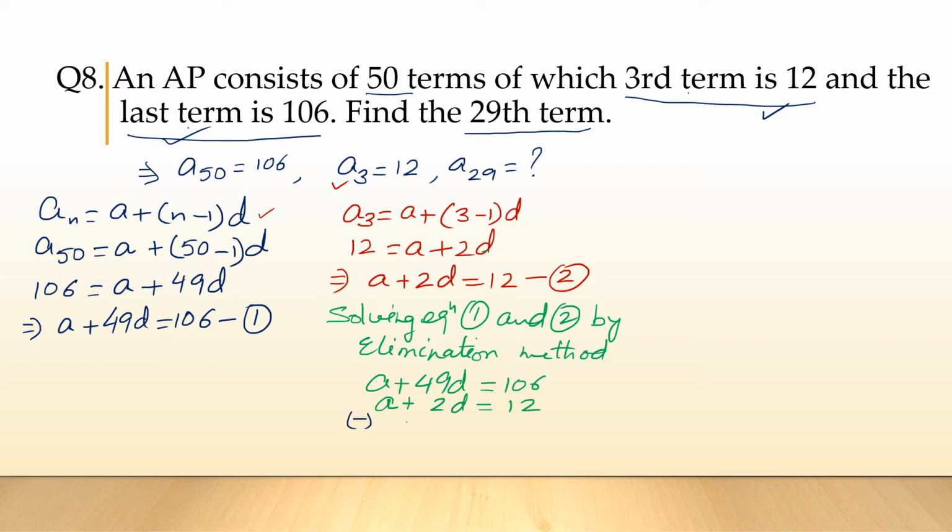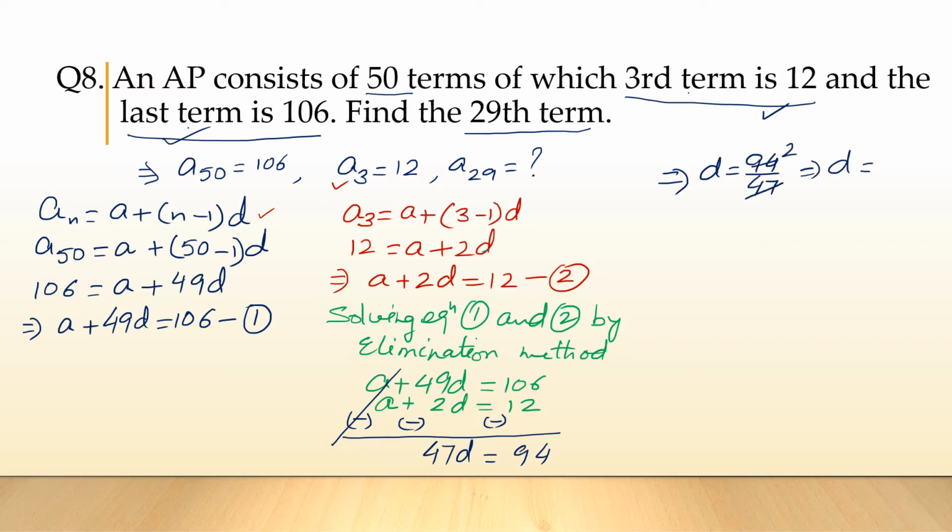Since the coefficients of a are the same, I'm just changing the sign. This is cancelled out. 47d equal to 94. So this implies d is equal to 94 by 47. On cancellation, we get the value of d as 2. So the value of d is known to us.